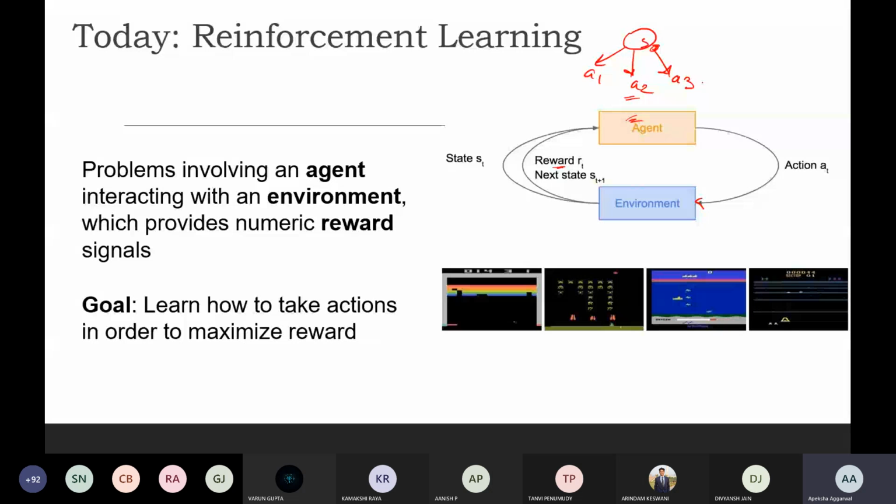So in step 1, the agent was having some environment. It takes some action, it moves to a second environment, and then that environment gives some reward, and also it gives the next state. Okay, the reward was that Mario was not dead, you have saved a life, and you have moved to the next environment, the next state.